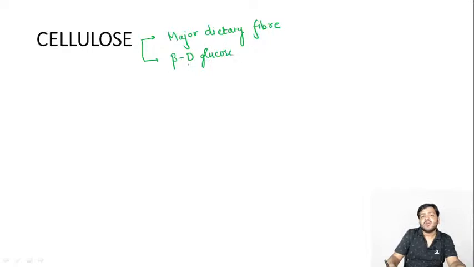What is beta, what is D? D is dextrorotatory, we will learn in isomerism, but for the time being just remember it consists of beta 1 to 4 linkage. Normally we have alpha 1 to 4 linkage, over here we have beta 1 to 4 linkage.